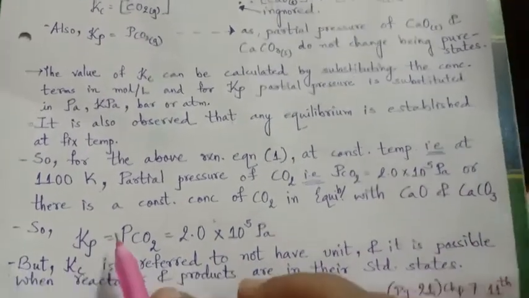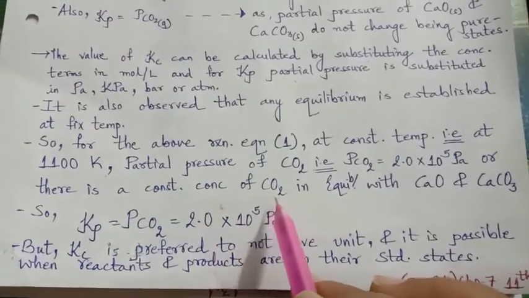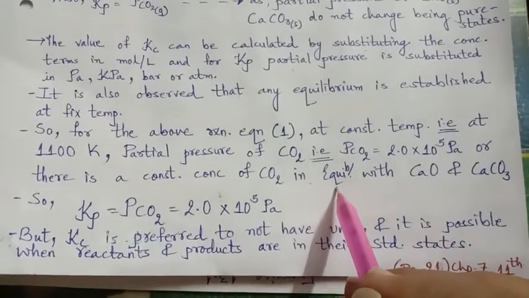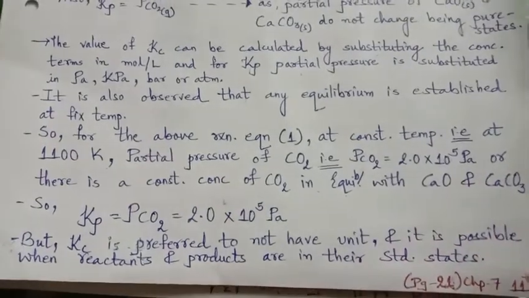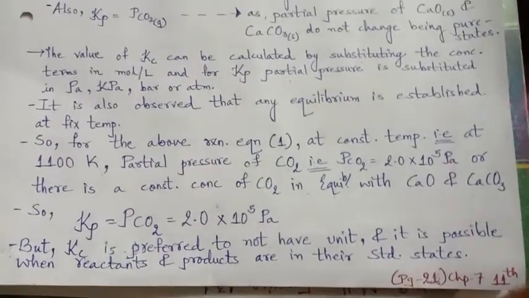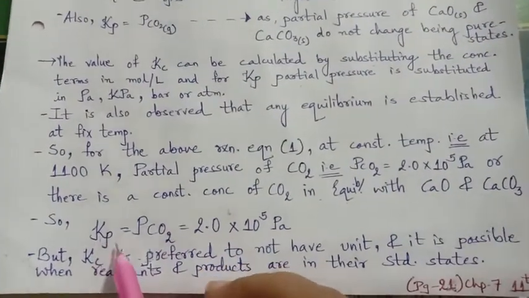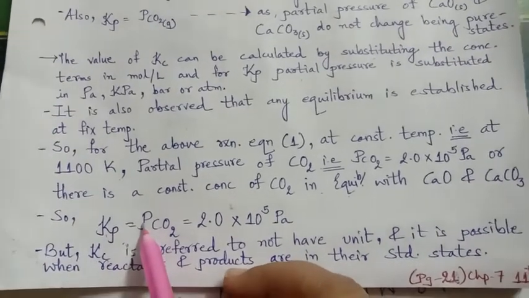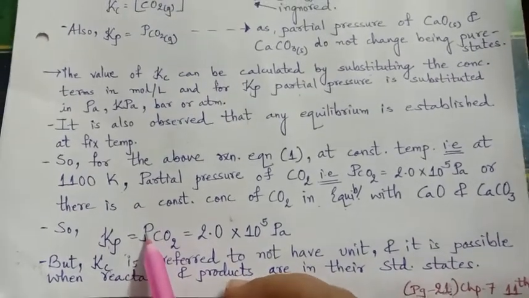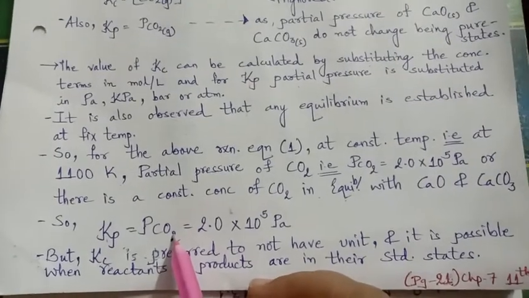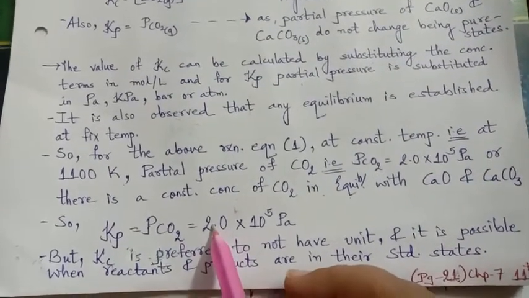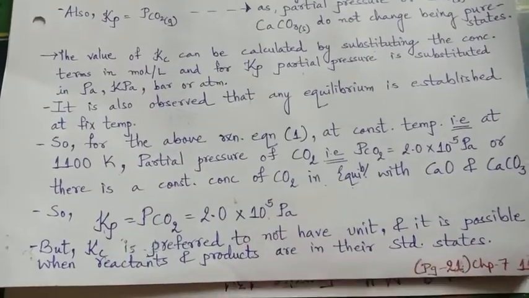Or we can say there is a constant concentration of CO2 in equilibrium with calcium oxide and calcium carbonate. So the equilibrium constant for the pressure is equal to the partial pressure of CO2 in gaseous form, which is equal to 2.0 into 10 raised to 5 Pascal.